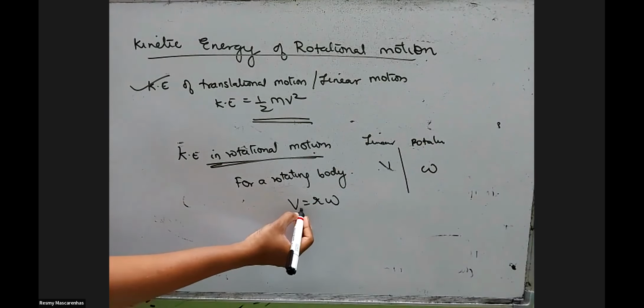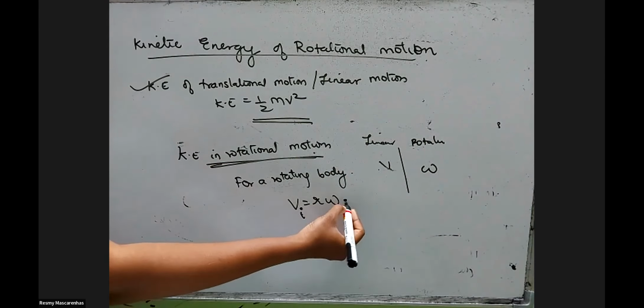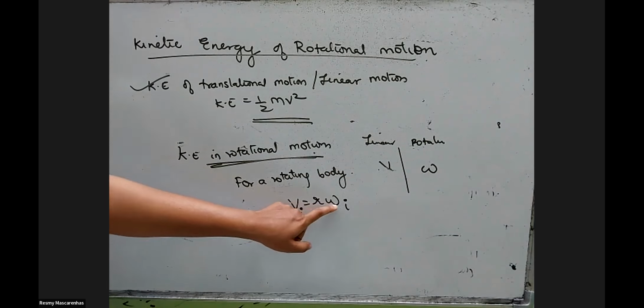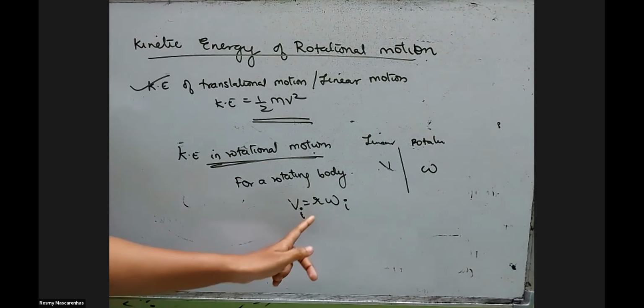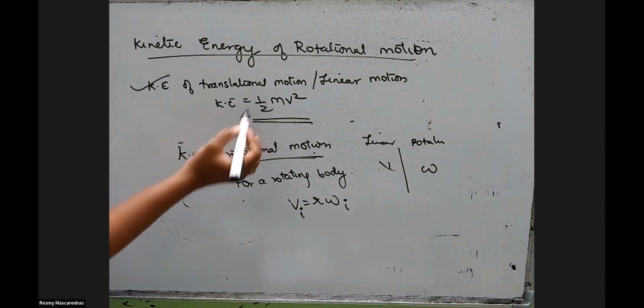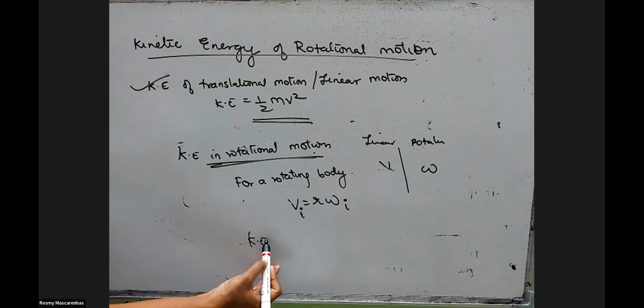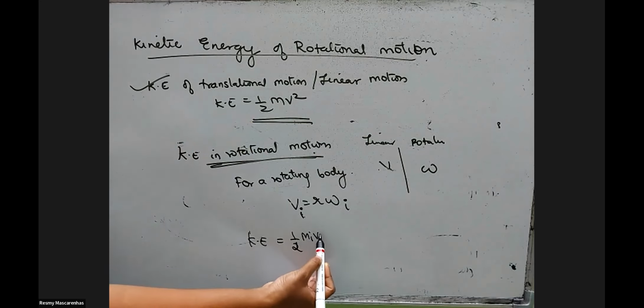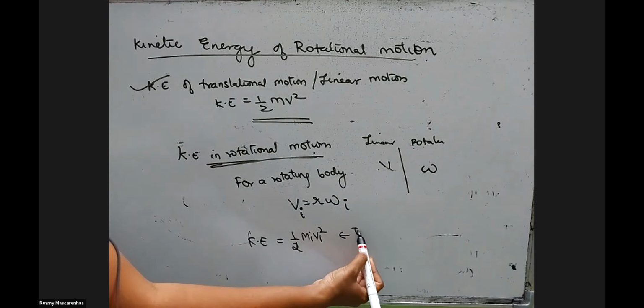So for a system of particles we are referring, so directly I'll use the index i. This is for one particle, v is equal to r omega, but for the whole thing, if it's spinning, for all the particles, v will be equal to r omega. So what is kinetic energy in translation motion? Half m v i square. This is for translation.